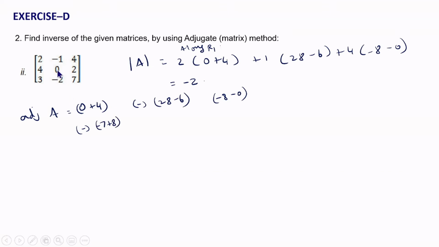Then the cofactor of this element is 14 minus 12. Then the next element is minus of minus 4 plus 3. Then the cofactor of this element is minus 2 minus 0. Then the cofactor of this element is minus of 4 minus 16. Then the cofactor of this element is 0 plus 4.